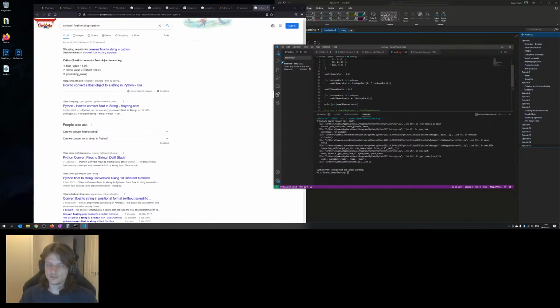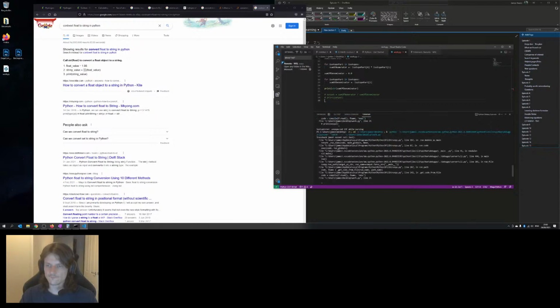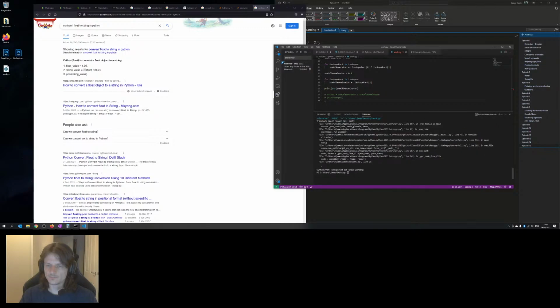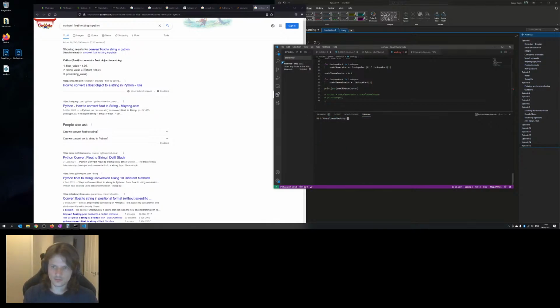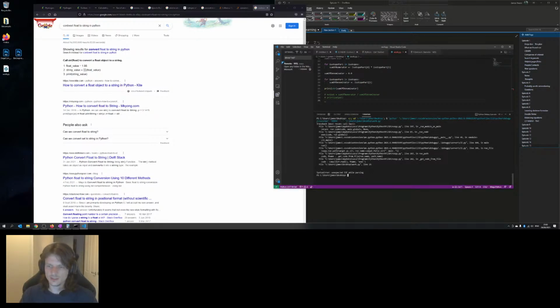Unexpected end of file. Wait. Oh my god. Let's try this again. I am confused. It says in run module main, run code, run file and get compile file, unexpected end of file while parsing.